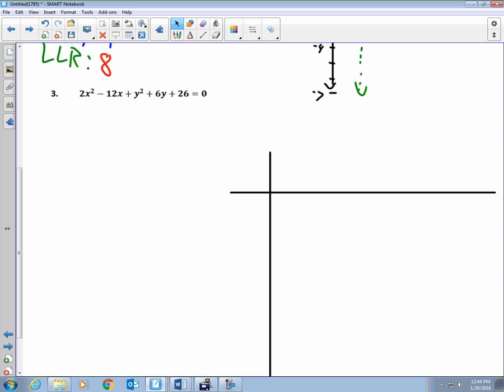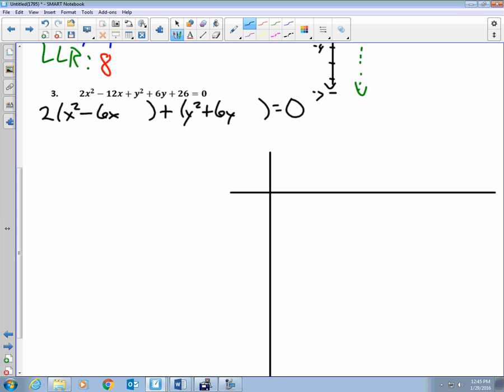Is it a parabola? Why? Because both are squared. Is it a hyperbola? No, why? They're both positive. So therefore, it is an ellipse. Let's complete the square. Factor out a 2, very good, x squared minus 6x. What do you add to complete the square?